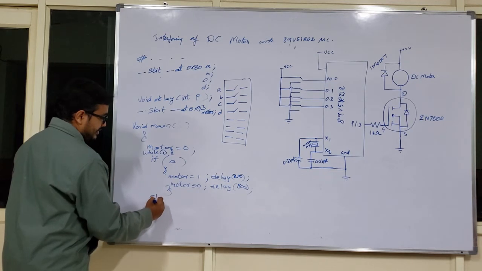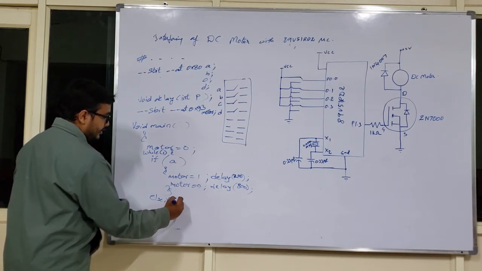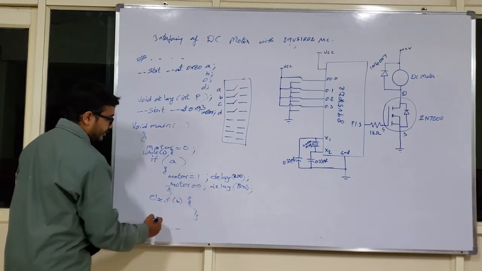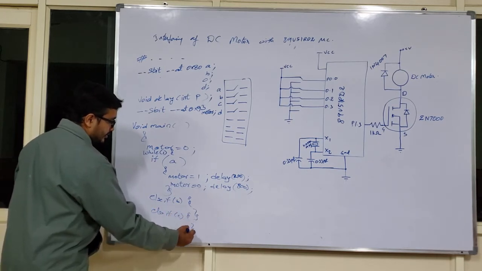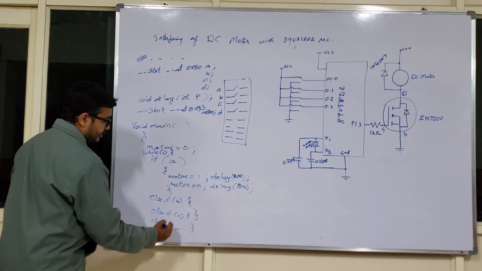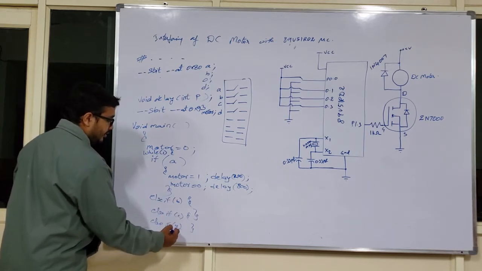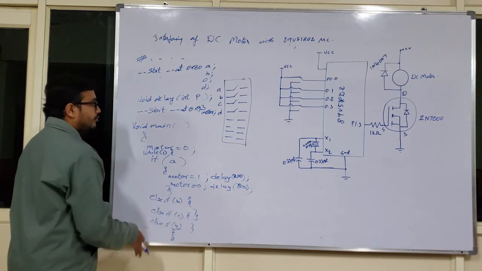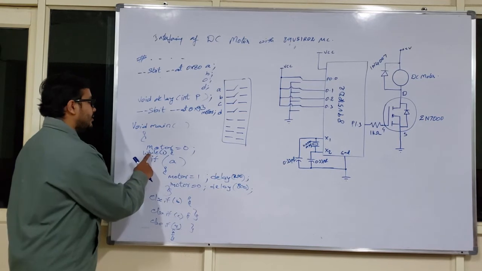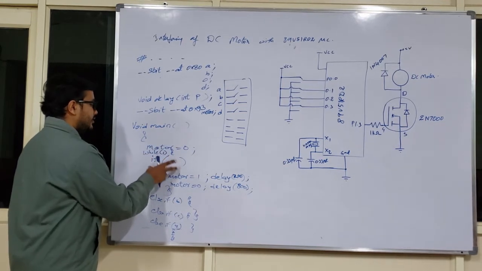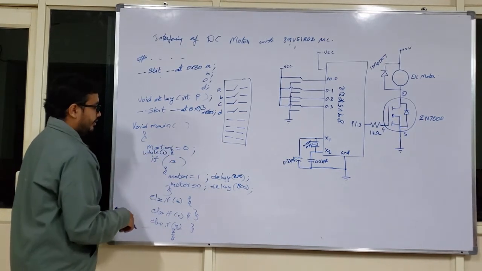So if, else if B, else if C, else if D also you can write in the program. And if you want to make this a continuous activity, you can use the while loop here, that is while of 1. Inside this while of 1 you can write each and every thing here.